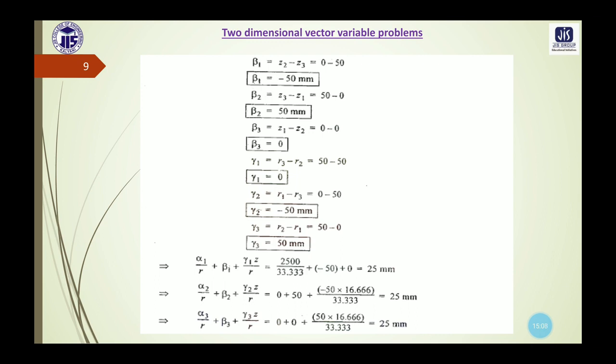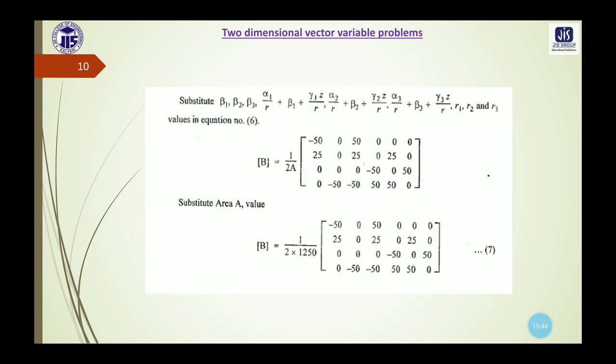Now alpha 1 by r plus beta 1 plus gamma 1 z by r can be calculated by putting all the values for alpha, beta, gamma and r, which is coming as 25 millimeter. Next, alpha 2 by r plus beta 2 plus gamma 2 z by r is also coming as 25 millimeter, and alpha 3 by r plus beta 3 plus gamma 3 z by r is also calculated as 25 millimeter.